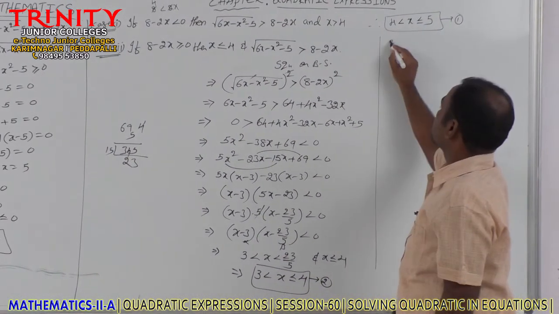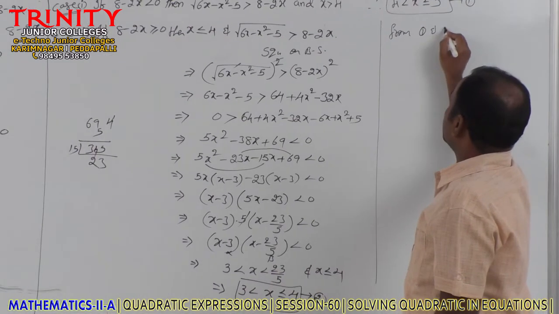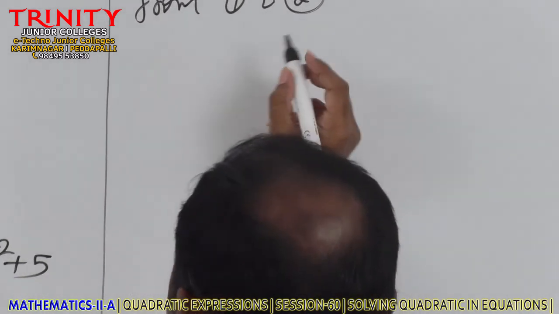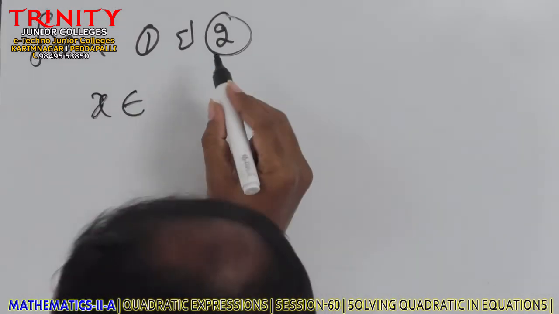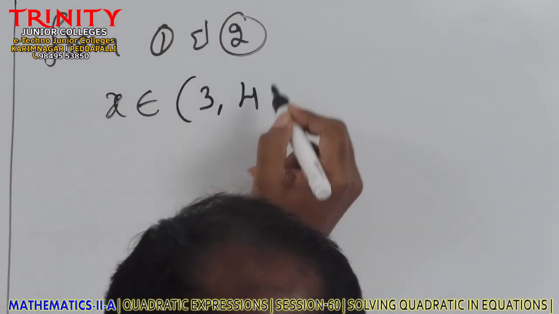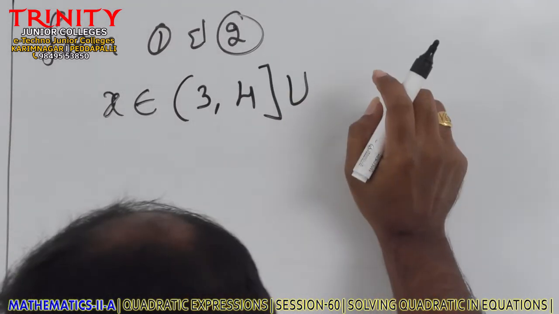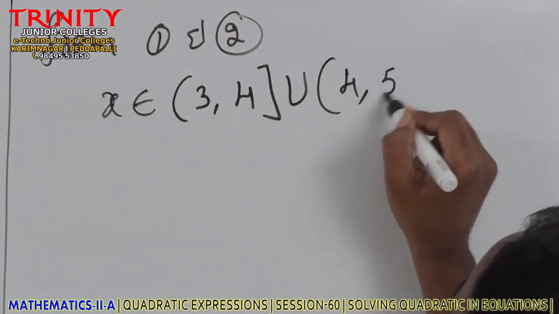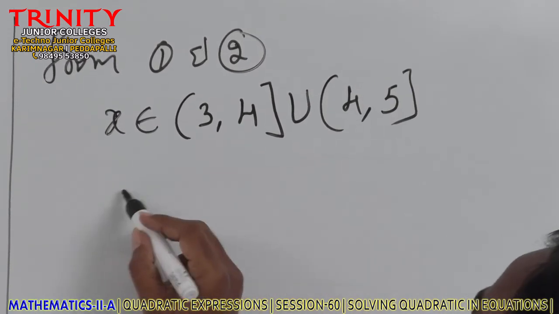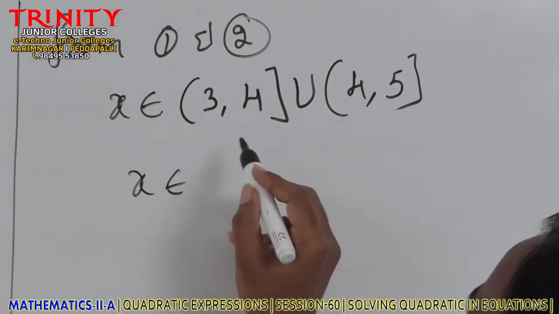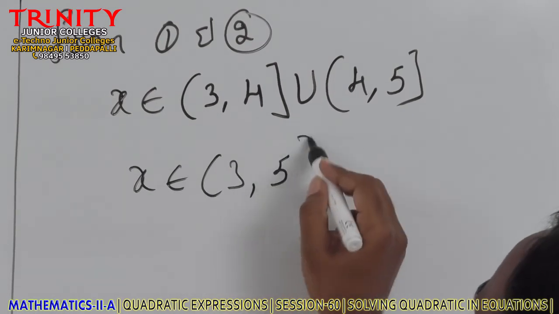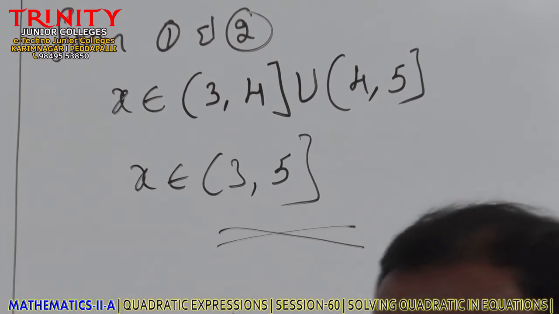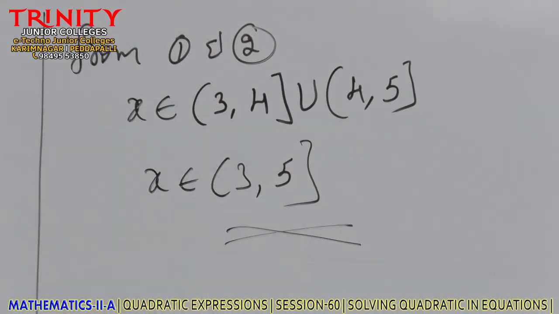From 1 and 2, x belongs to open 3 comma 4 closed, union open 4 comma 5 closed. Therefore the final value is x belongs to open 3 comma 5 closed. This is the solution set of that inequation.